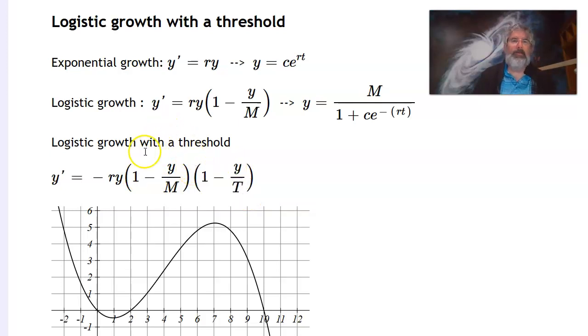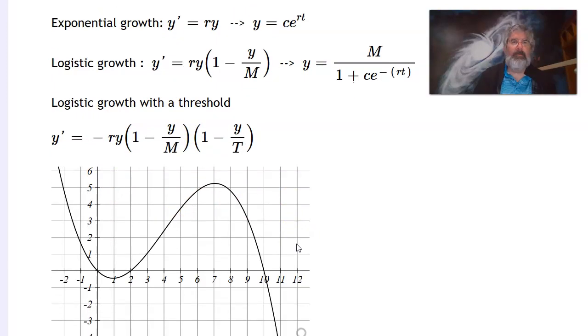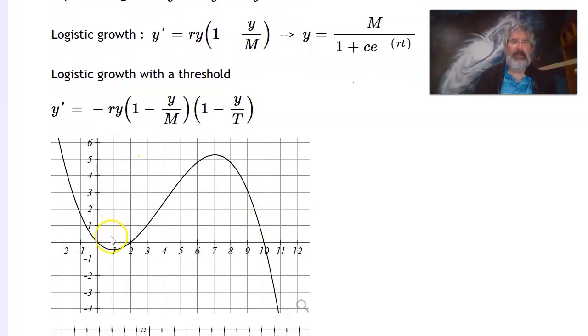So looking at the graph of y prime versus y, that's this thing now. There's an equilibrium value here of 0. For the graph that I plotted, I had t equals 2, m equals 10, and r equals 1. So just drawing that graph to show you an example.